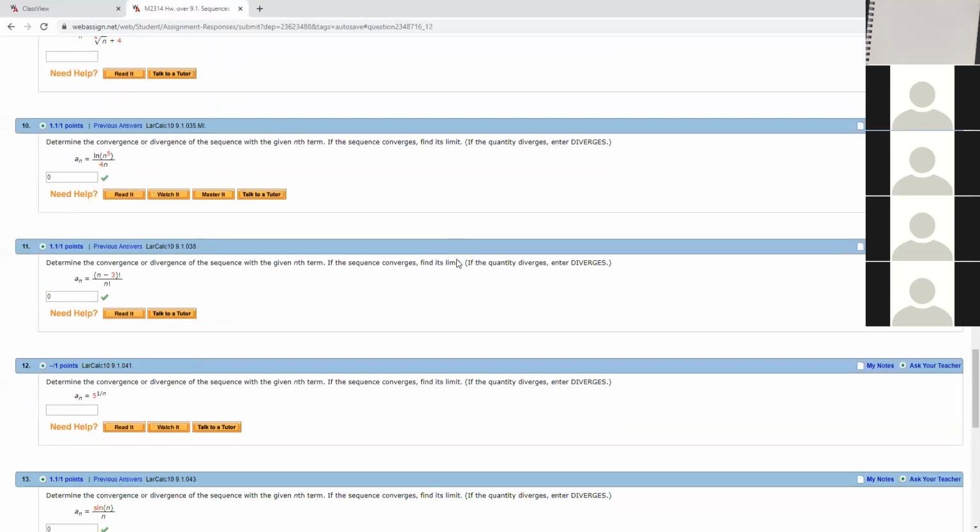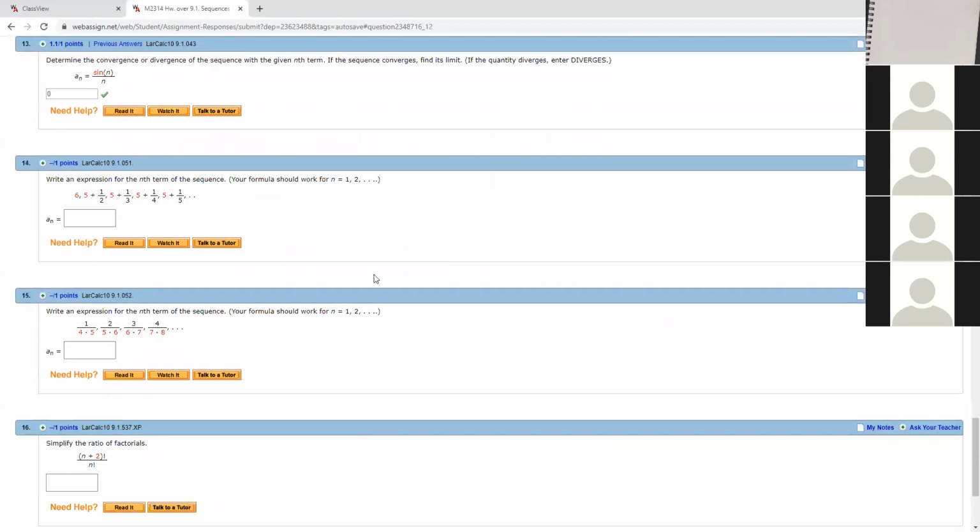Okay. So of interest, the only thing different with these two here is we first have to figure out, oh, they don't even ask us to take the limit yet. Just recognize the pattern. They could have asked us to take the limit as well, but they didn't. So here, everyone, we just want to find the pattern. So this right here is when n equals 1, which would be a sub 1, oh gosh, it's hard to write.